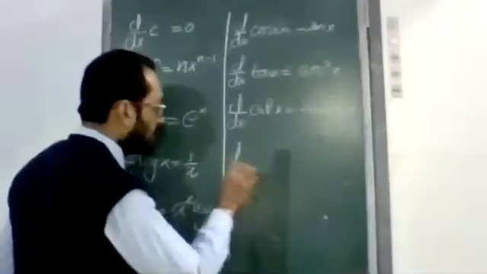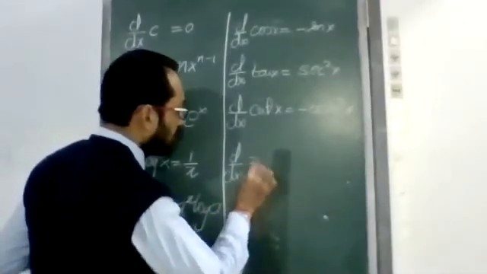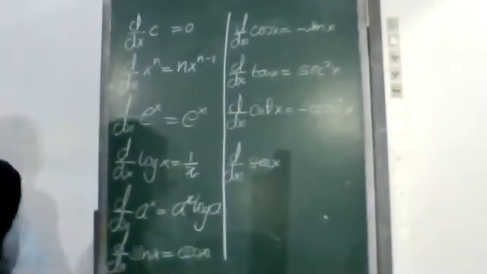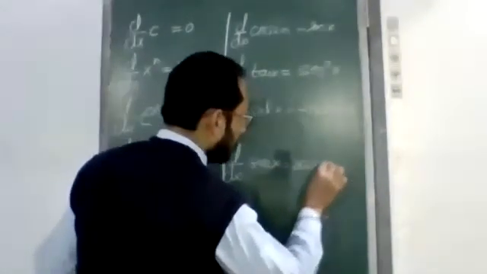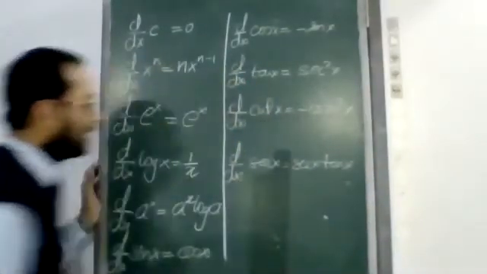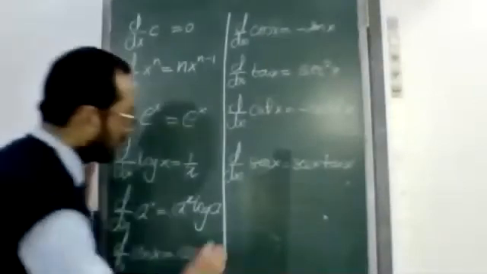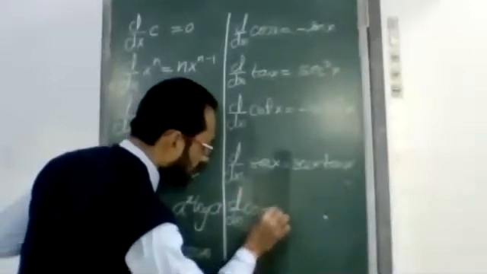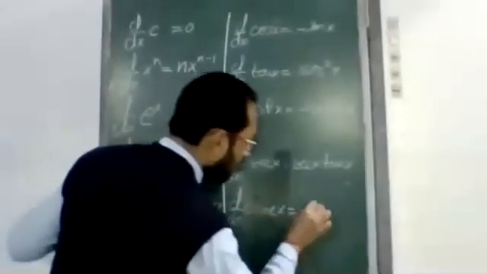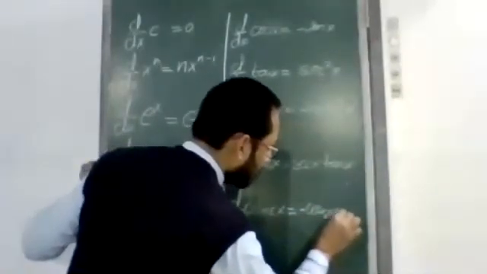Then differentiation of sec x is sec x tan x. Then differentiation of cosec x is minus cosec x cot x.